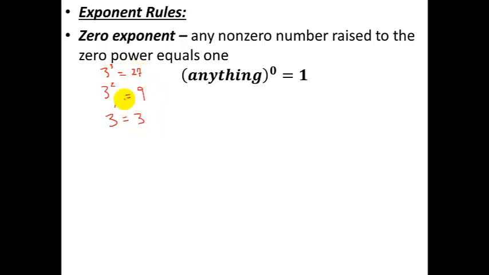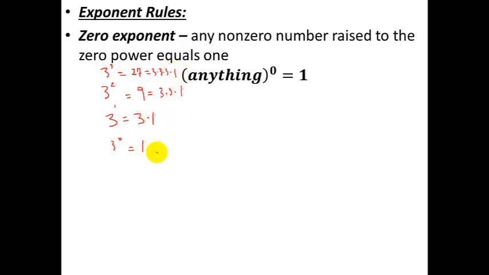You can see that 3 is the same as 3 times 1, and 9 is the same as 3 times 3 times 1, and 27 is the same as 3 times 3 times 3 times 1. So for 3 to the 0 power, looking at this pattern, the exponent tells you how many times you have multiplied by 3. But if you don't multiply by 3 at all, you still have this 1 that's left over.